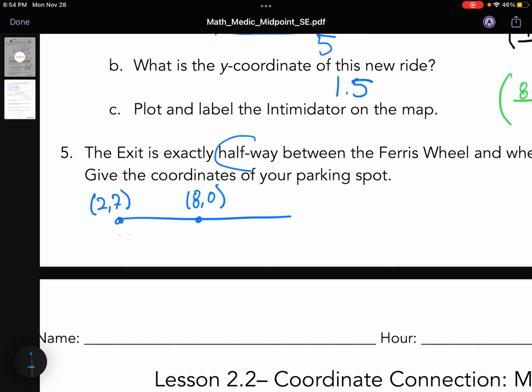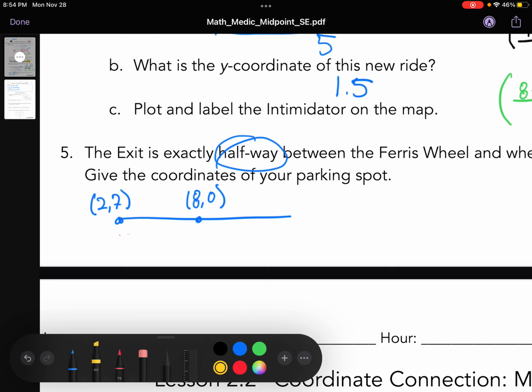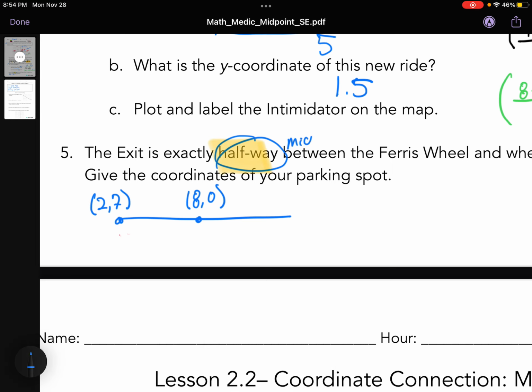This is exactly the halfway. Whenever you see the word halfway, you should think of midpoint. Now this, you kind of have to use a little bit of common sense to find where your parking spot is.